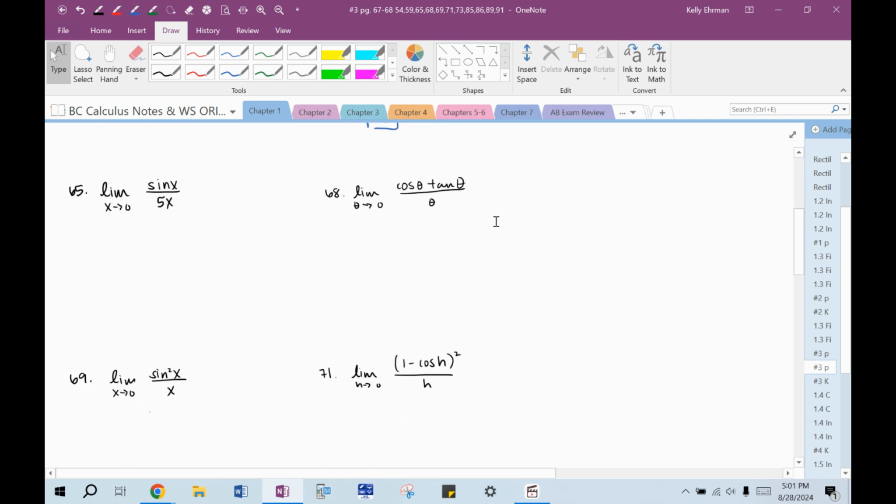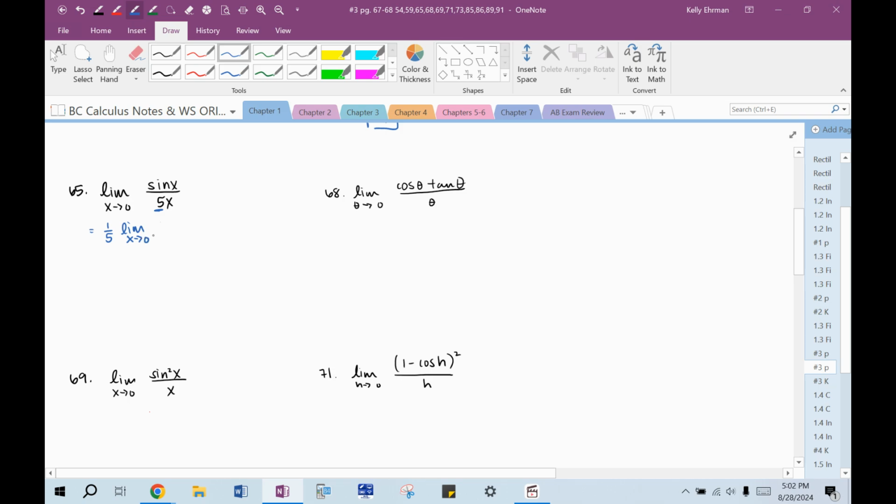All right. Now, we talked about some properties in our notes. So here, two things. We have a memorized limit. The limit as x approaches 0 of sine x over x is equal to 1. We verified that graphically when we first looked at this. So this little 5 that's out here, that's just a coefficient. You can pull a 1/5 out in front and then keep the limit here.